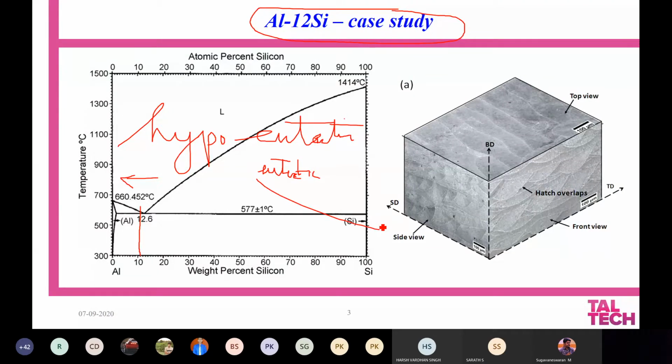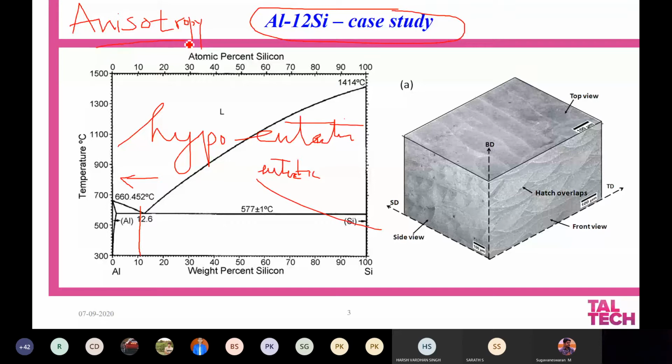Okay, before going to the microstructure, I want to highlight one more thing here: for any metal additive manufactured sample, if you see the microstructure, you will not find the same features everywhere, and hence there is an anisotropy, which is opposite to isotropy.